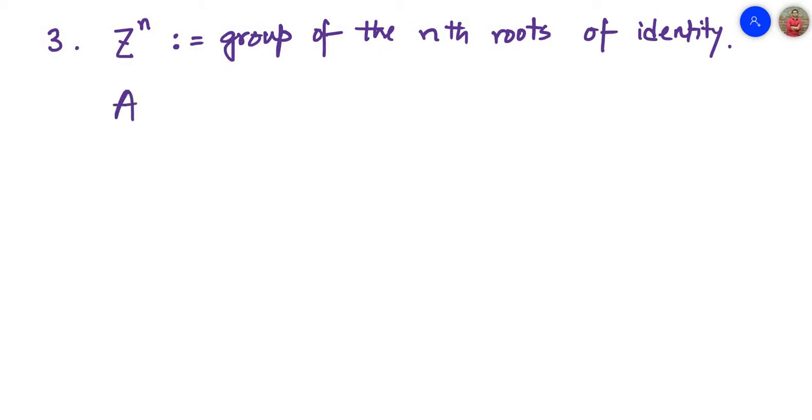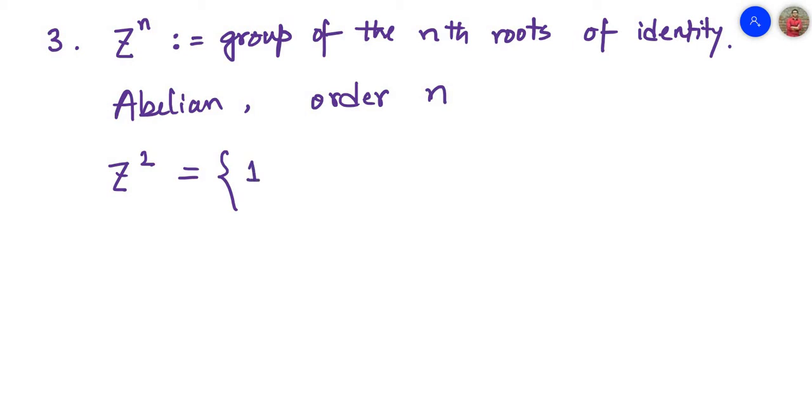It is also an abelian group, and the order of this group is n. So for example, Z2 consists of only 2 members. One is 1, which is the identity in this group, and another is -1.